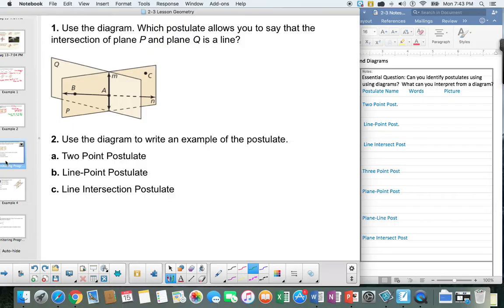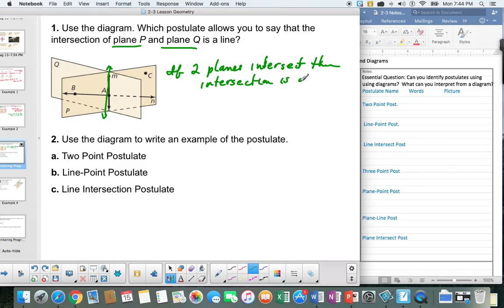Okay, use the diagram. Which postulate allows you to say that the intersection of plane P and plane Q is a line? Here are the 2 planes, and here's the line that's going through them. For that one, you can write out the words: if 2 planes intersect, then the intersection is a line.